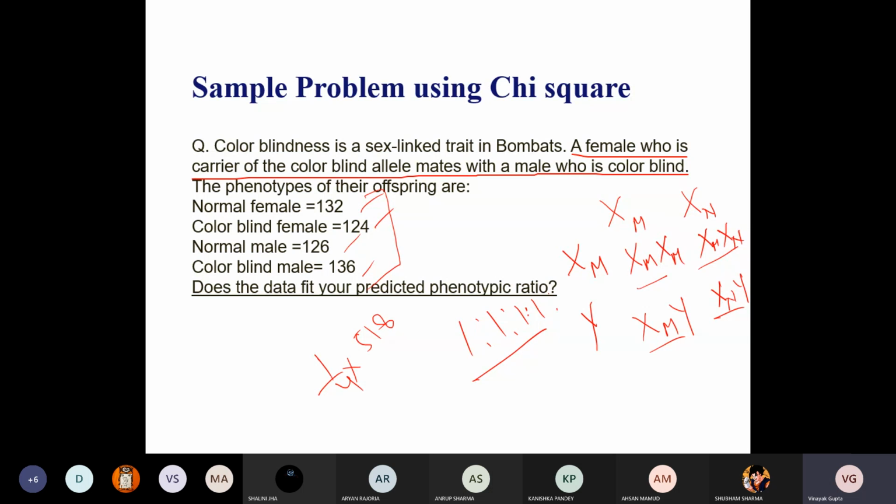And Sir, in the previous question, we took that the disease is dominant. Over here, will we always assume that if it is not given, then it is recessive? No, you cannot. Don't assume anything from your side.